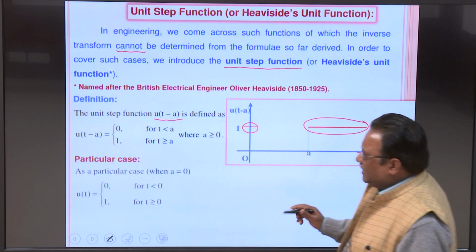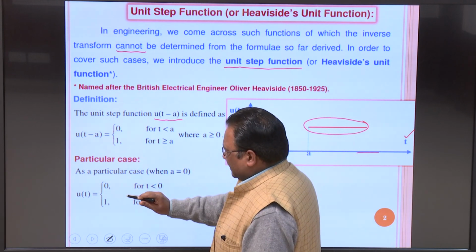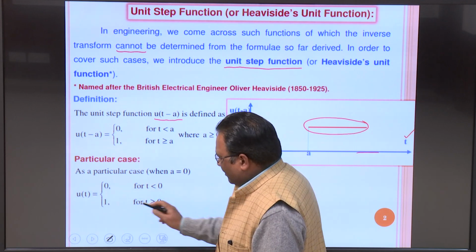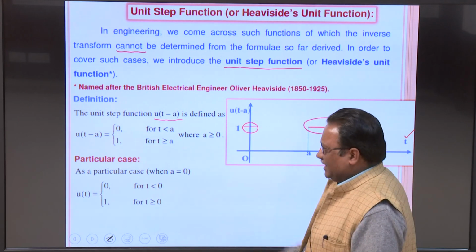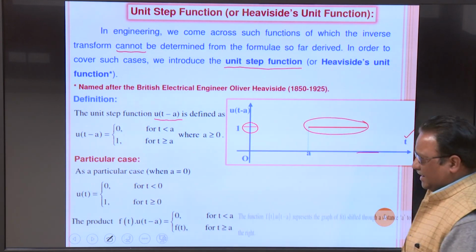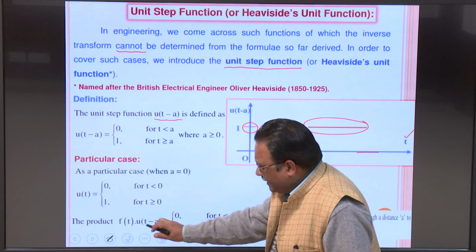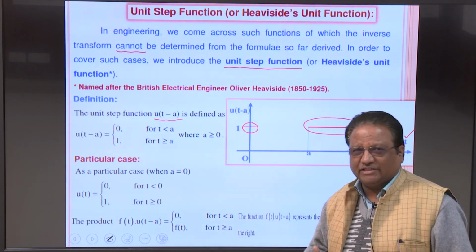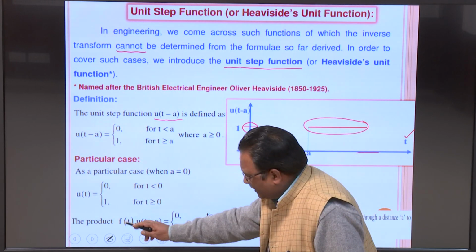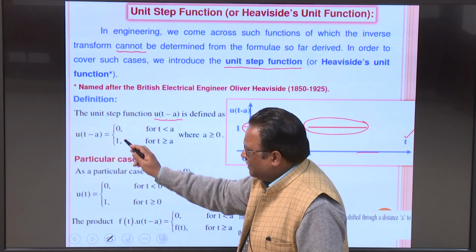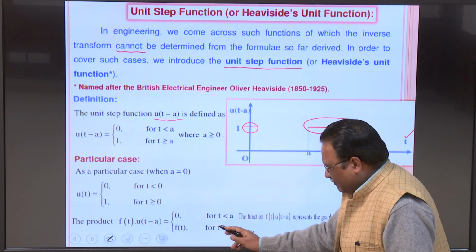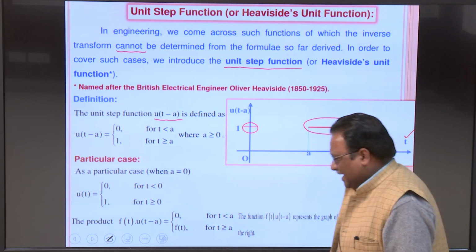In particular, when a is equal to 0, then we get u(t) equal to 0 for t less than 0 and 1 for t greater than or equal to 0. And the product f(t) u(t minus a): now see, if you multiply it with f(t), here it is 0, and here f(t) comes. So, 0 for t less than a and for t greater than or equal to a, the result is f(t).